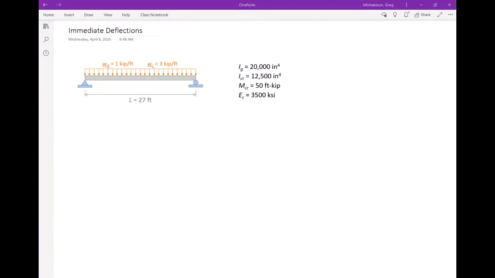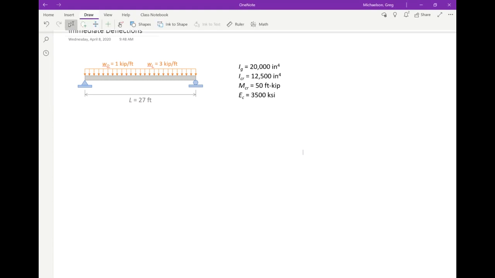We're going to go through this and compute the immediate live load deflections, and compare them against the ACI limits to see whether or not this beam meets ACI requirements. You're going to find this is pretty straightforward, and then we'll look at the results in a second and see how the deflections change as the load increases.